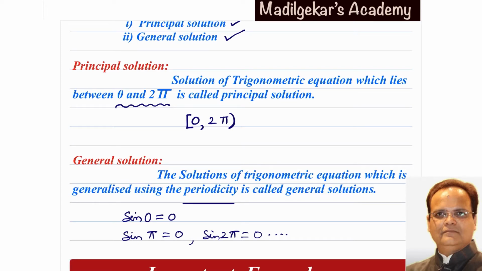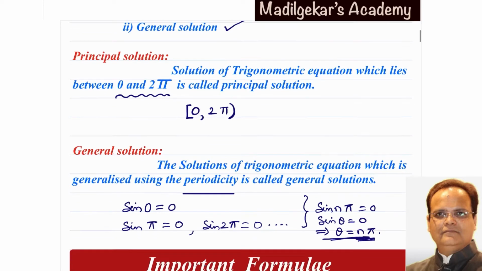So these results can be generalized as sine of n pi equals 0. It means if sine theta is 0, then theta must be an integral multiple of pi. This solution, which is written in terms of n, is called the general solution.